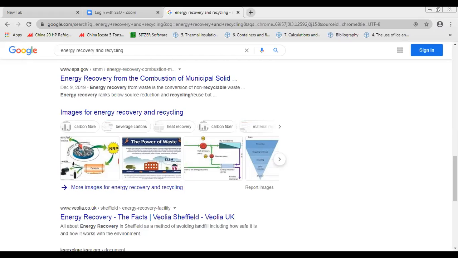So focus on the diagram. For the engine, you have energy input. Somehow you need energy input for engines.